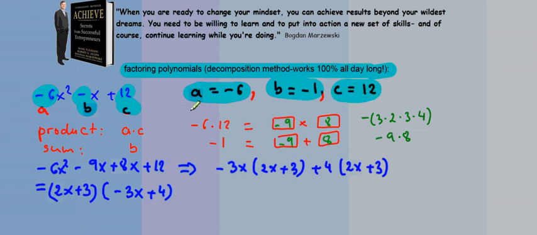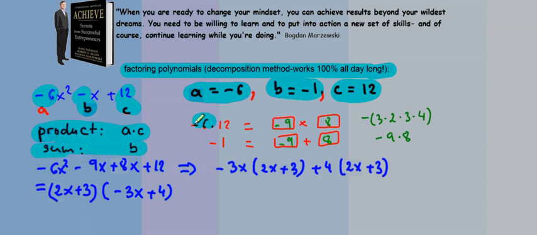So factoring polynomials is like playing a game. Find the product of a and c always. First and the last is the product that you're looking for, and the sum is represented by the middle term b.